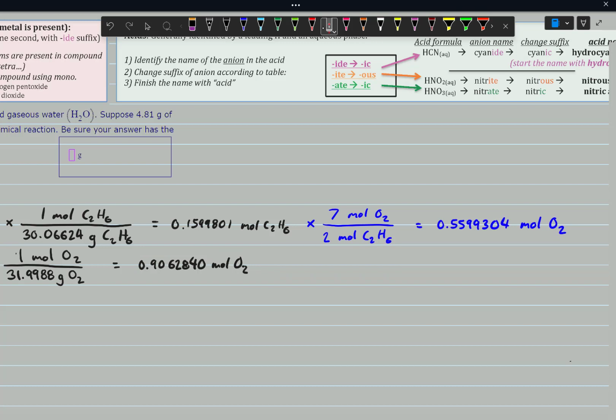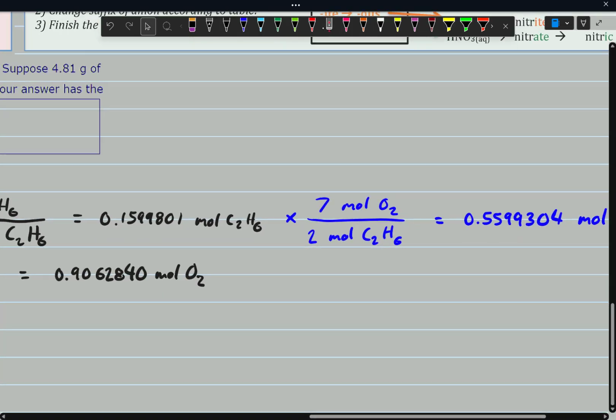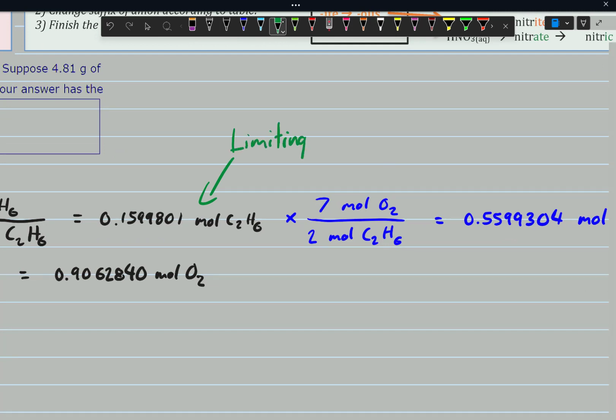So that means that once all of this ethane has been used up, we've only consumed that amount of moles of O2, which is much less than the original. So that means we're going to run out of ethane. And so ethane is the limiting reactant.